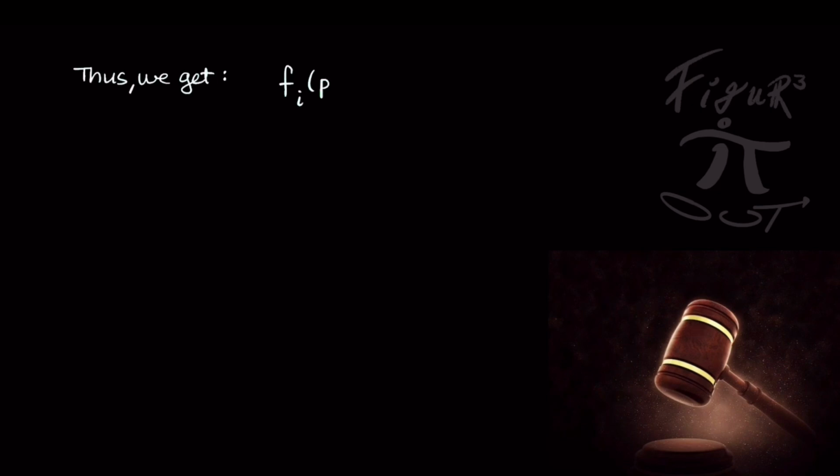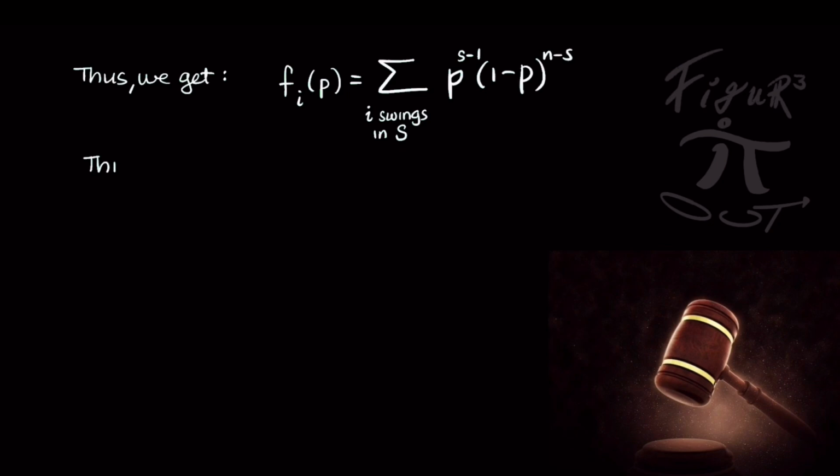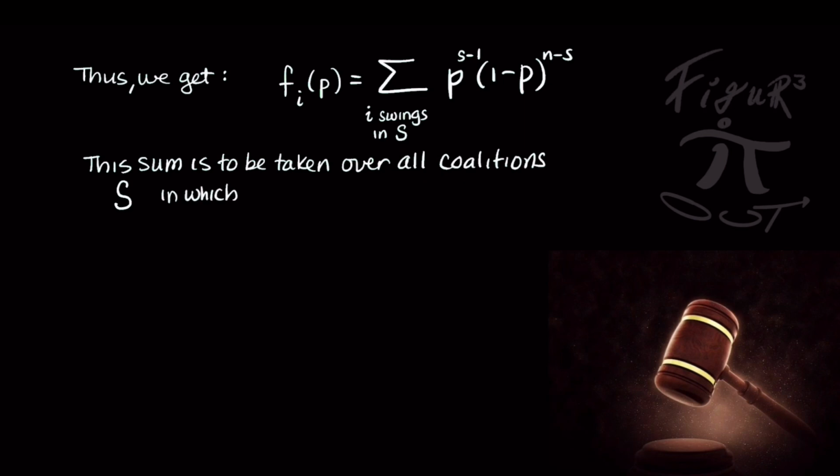So we can get the probability or power polynomial as the sum of all of these combinations for which I swings in S. And again, this sum would be taken over all of the coalitions S in which I swings the vote.